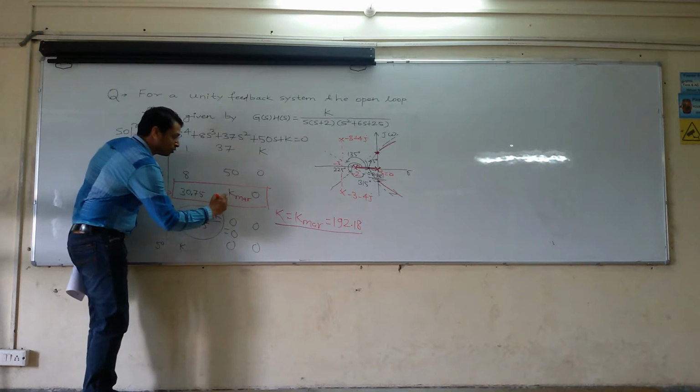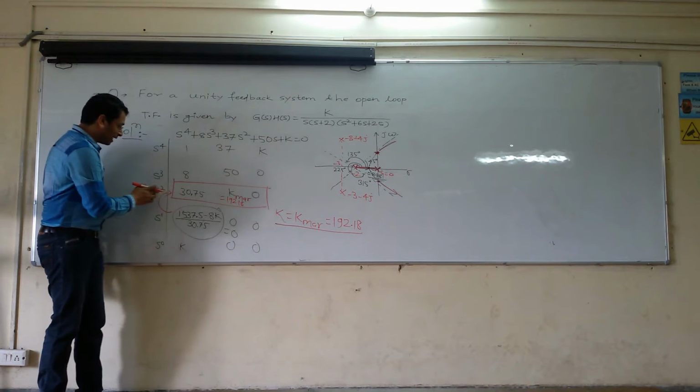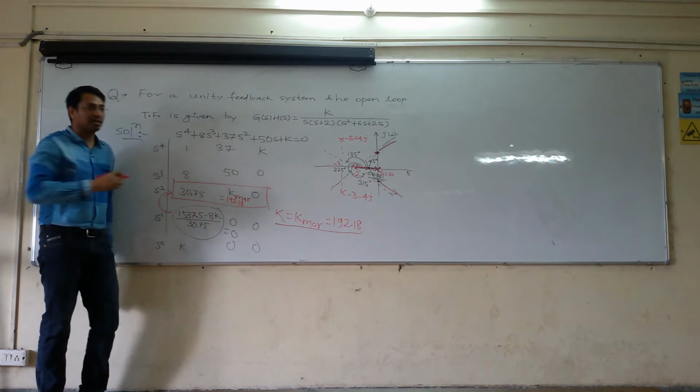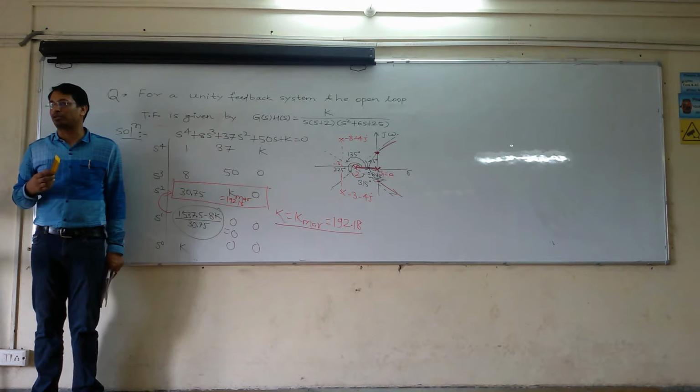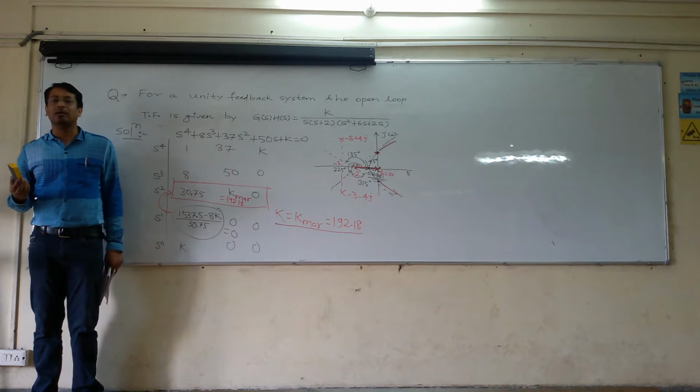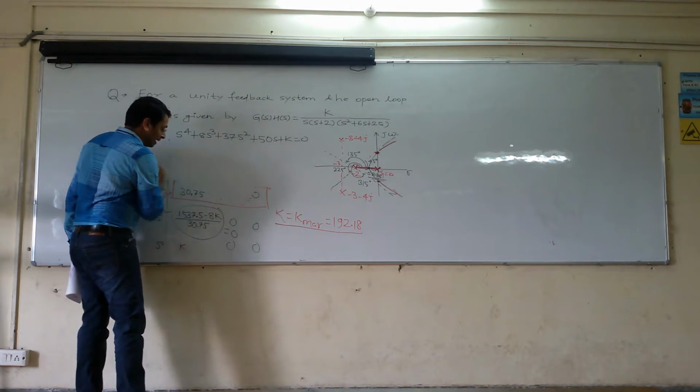With the help of this you have to construct your auxiliary equation and set it equal to 0. You will get some values of s, and those values of s will be the intersection of your root locus branches with the j omega axis.